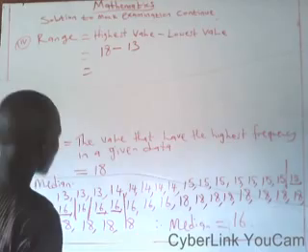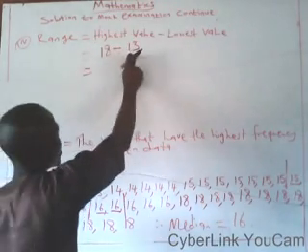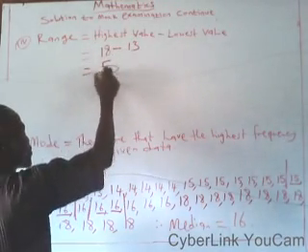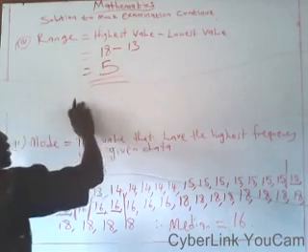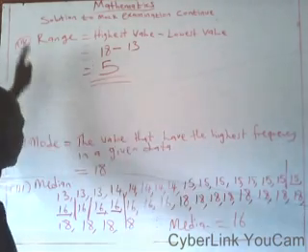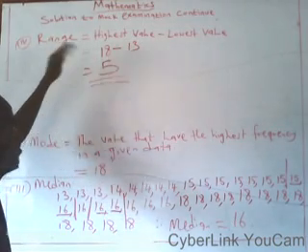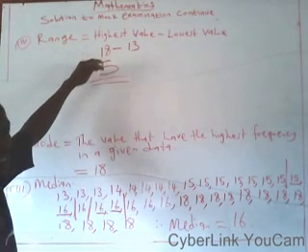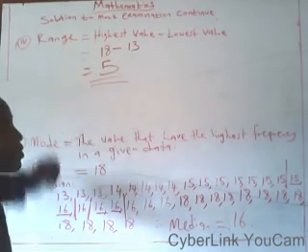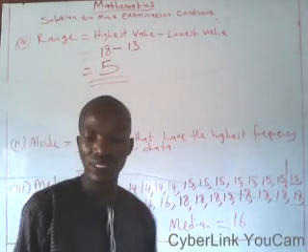Now 18 minus 13 is going to give us 5. Therefore, the range for that particular table is 5. The range is 5. Now we move to the next question.